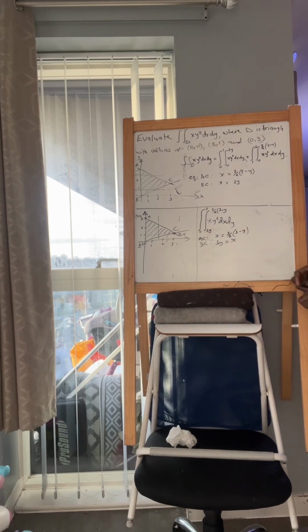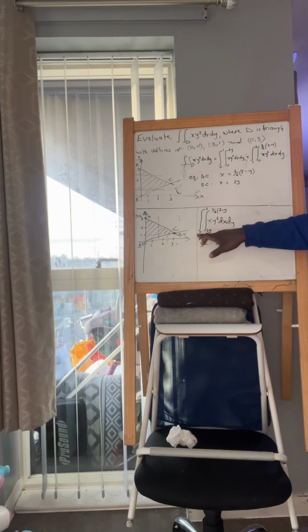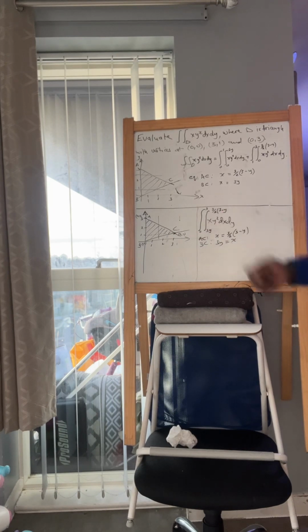Three over 2, 3 minus y. But then we want the y with this one, and this is the x with this inside one.